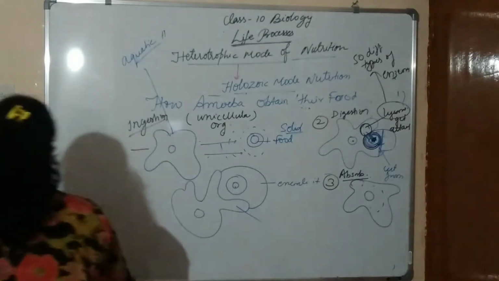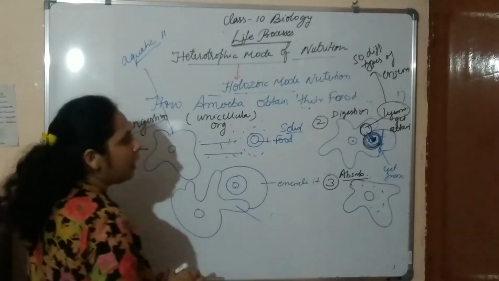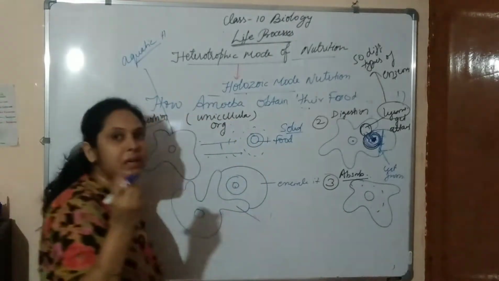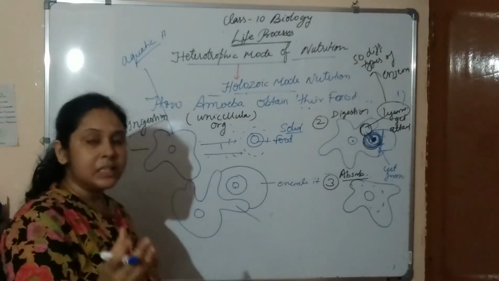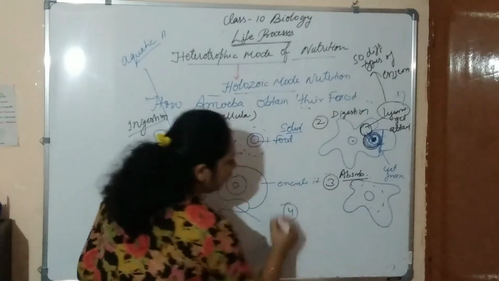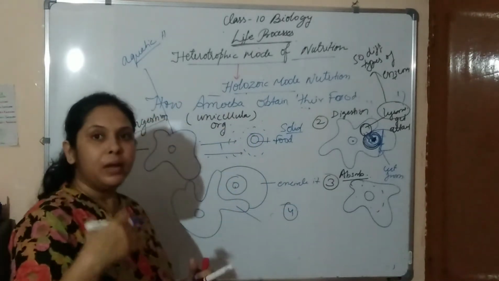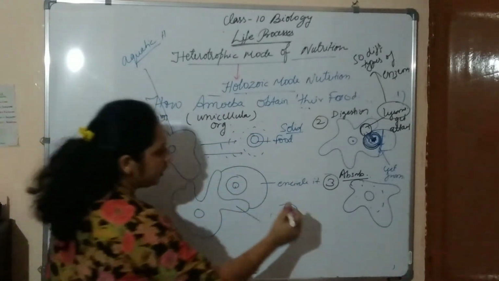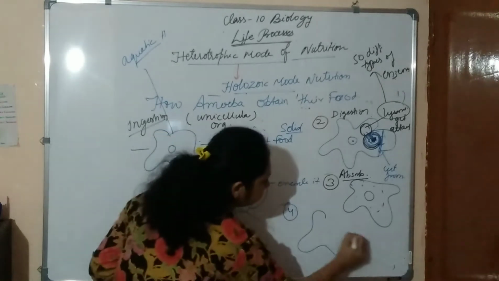And lastly, what will happen? After the absorption, some undigested food remains in the amoeba. This undigested food should be removed from the body. So what does the amoeba do?